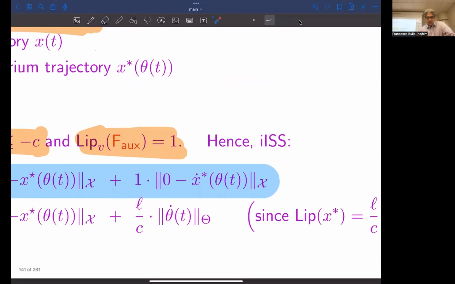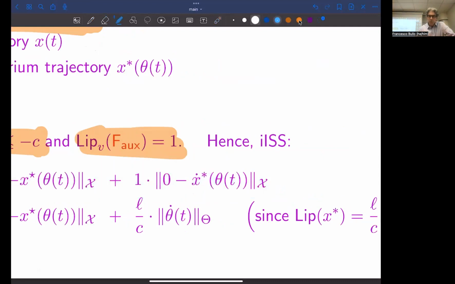Because my last step in this proof is precisely to prove that the norm of x star dot of theta of t is upper bounded by the norm of theta dot, modulated by the Lipschitz constant.